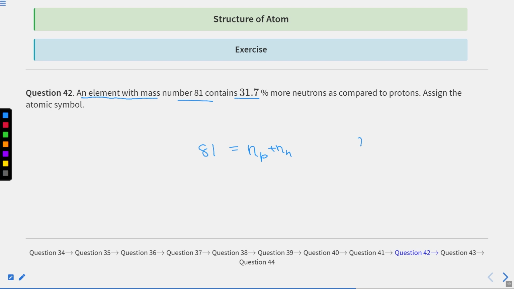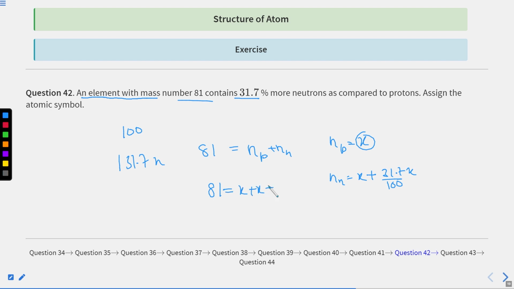So suppose the number of protons is x and the number of neutrons will be x plus 31.7% of x, meaning suppose we have 100 protons, then there will be 131.7 neutrons. So you can take this illustration, that the number of neutrons is this plus 31.7% of this. Okay, clear?